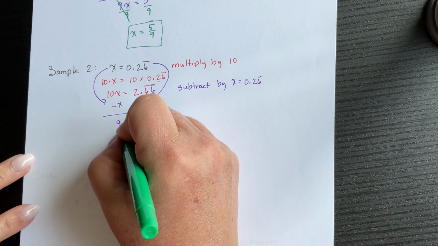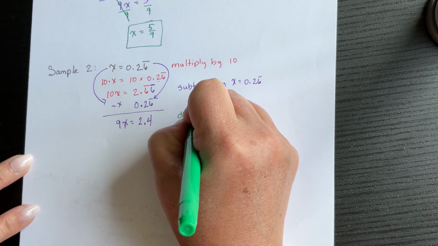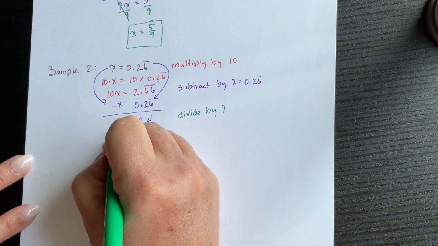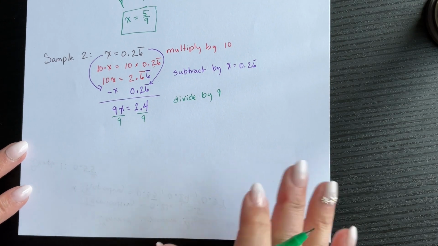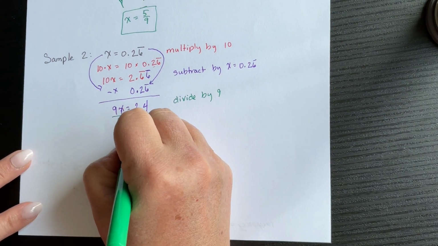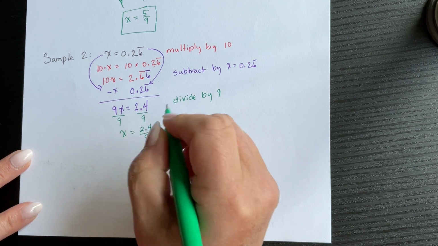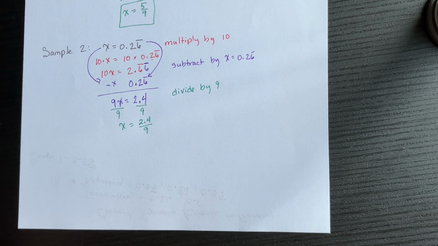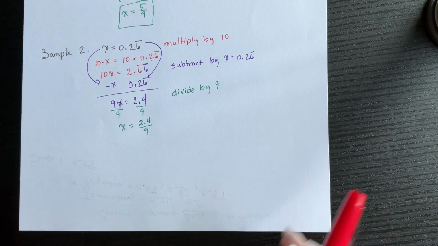Now I want to isolate my variable, so I'm going to divide by 9 on both sides. I'm left with x equals 2.4 over 9. Technically, this is correct. We do not typically have decimals in fractions.